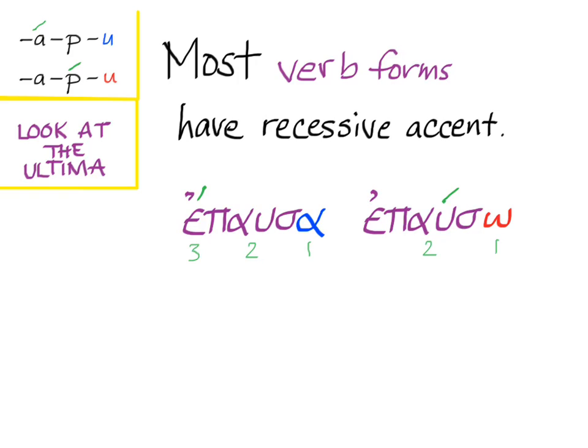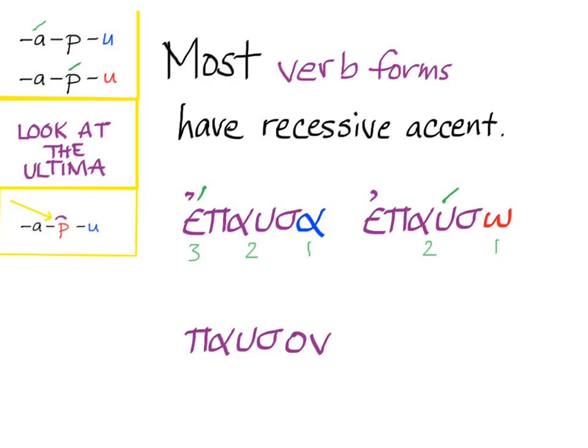Let's keep going. Pausan means stop as a command. This word has only 2 syllables, so I need to remind you of that elaborate circumflex rule that says that if the last syllable is short and the second to last syllable is long, and the word needs an accent on the second to last syllable, then the accent must be a circumflex. Look at pausan.